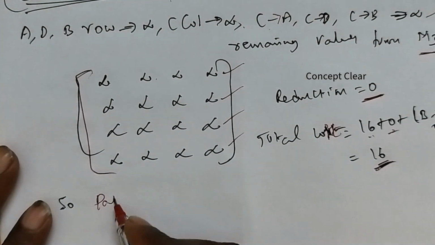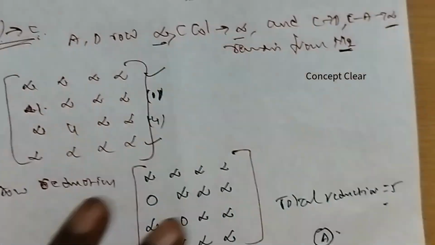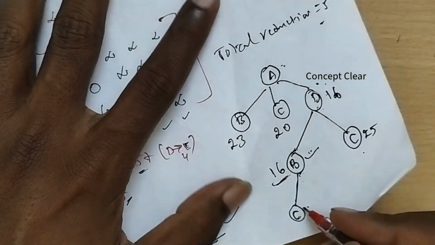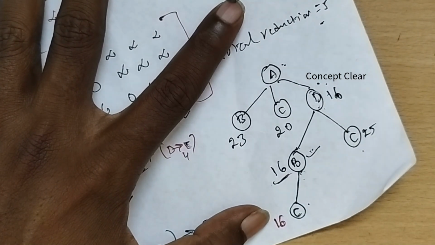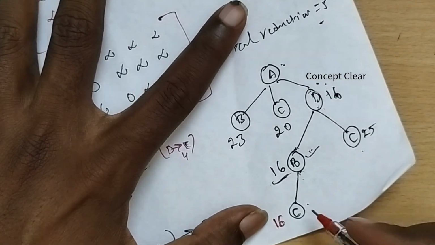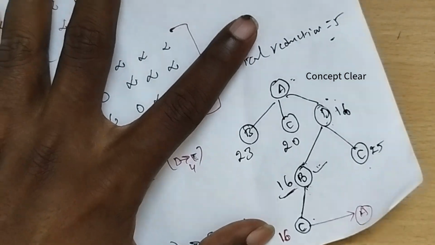So what is the path diagram? The path diagram is here. We will update this matrix only. Here the B to C path is also 16. Now we have to travel to A. Next, what is the path diagram?